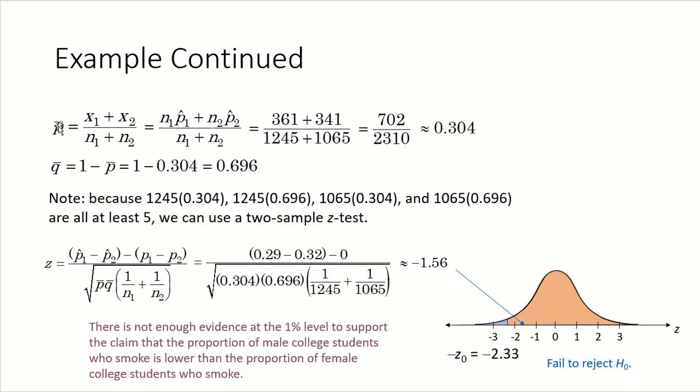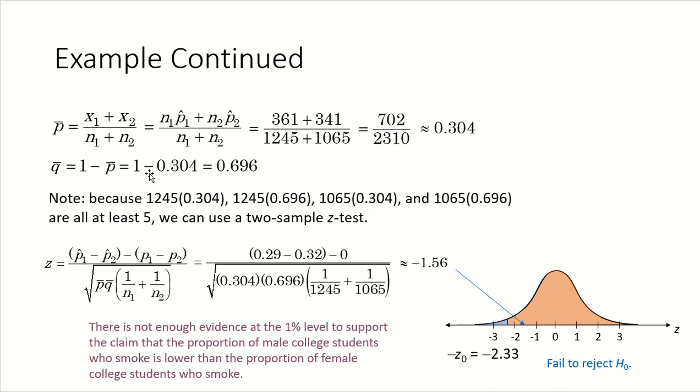So here's our pooled estimate for this particular study. So that's going to be the group 1 and group 2 smokers in the numerator, and then the pooled overall sample size in the denominator, so 702 over 2310, which gives us 0.304.